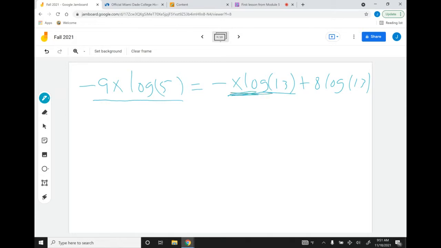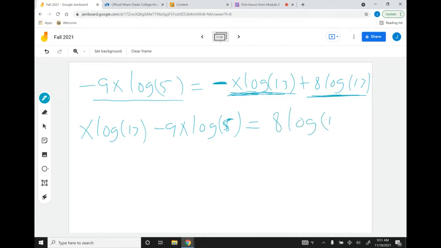So I'm going to write this one first on the left hand side. This will become a positive. And then I just rewrite this one here. Equals the only term, this one, that doesn't contain x.